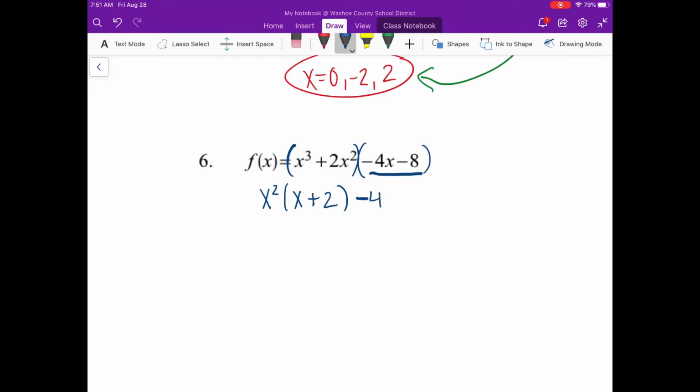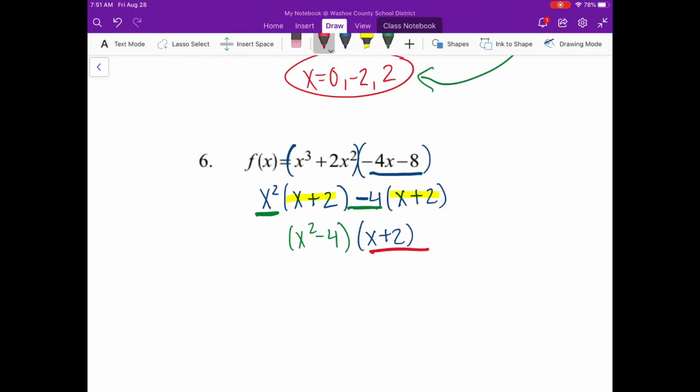For this second group, I have a -4 in common, which means I have x plus 2 on the inside. So good sign if these match, okay? That's going to be one of my factors, x plus 2, the one I have in common. Then my other factor is going to be whatever I took out. So x squared minus 4.